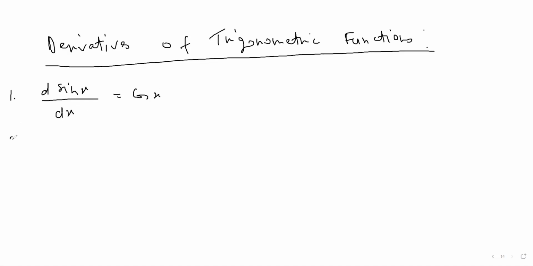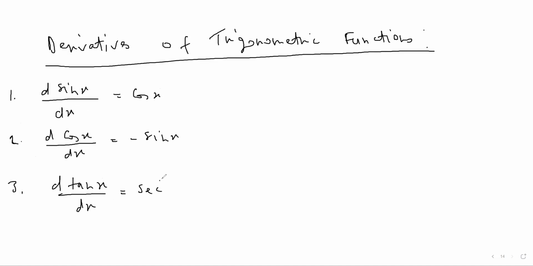Number two: the derivative of cos x with respect to x is equal to minus sin x. Number three: the derivative of tan x with respect to x is equal to sec squared x.